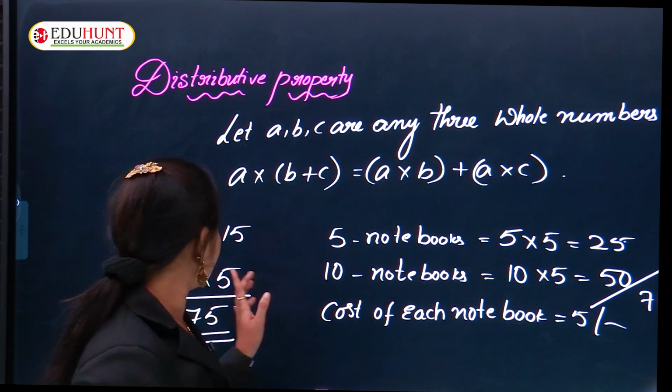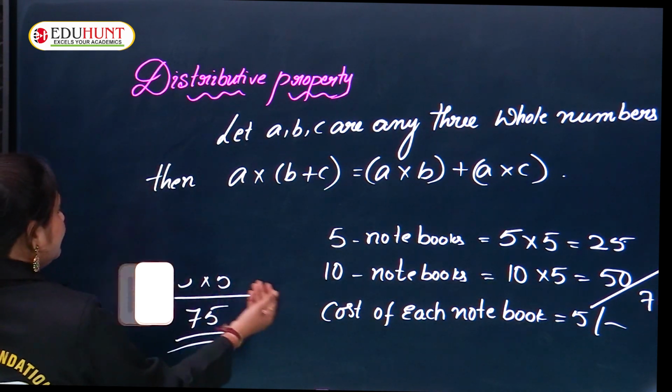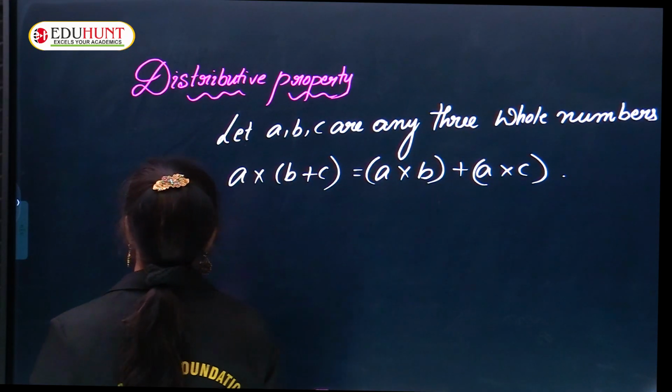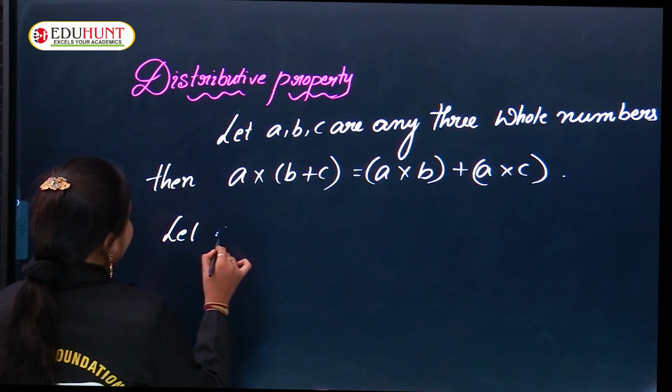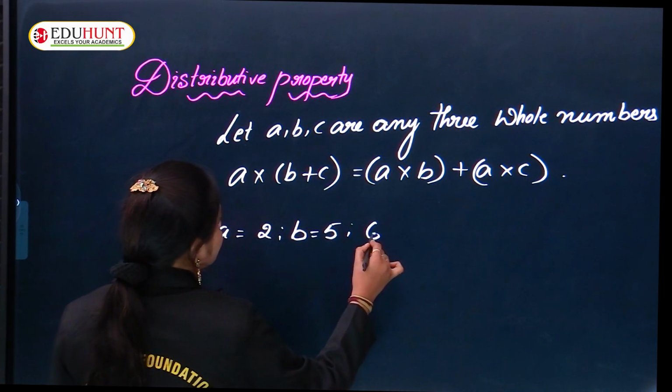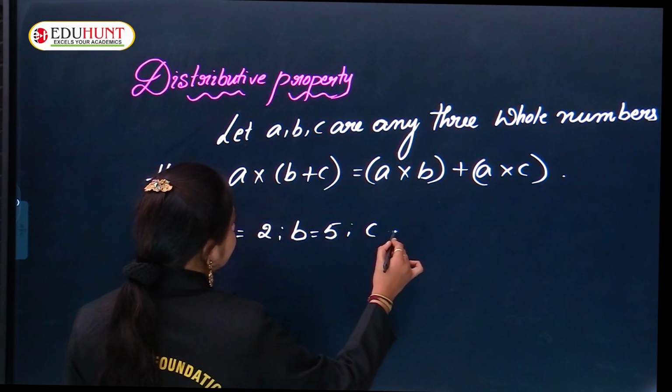Understood, no? In the same way, take the same example or another example, that is your wish. See, let A is equal to 2, B is equal to 5, C is equal to 6.